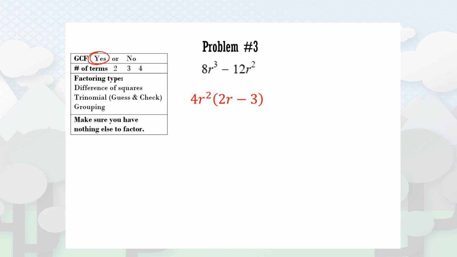Now, there are 2 terms left in that remaining factor. But those 2 terms are not a difference of squares. Okay, so there's nothing else we can do here. It was just a GCF question.